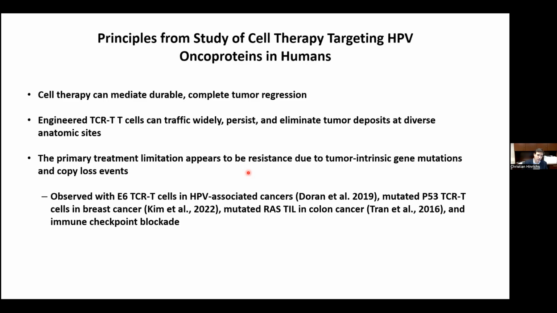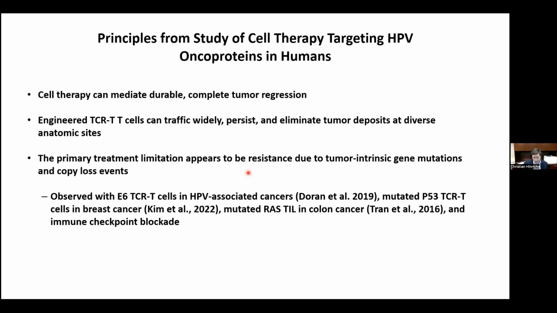This has been observed also in our prior clinical trial with the E6 TCR T cells in HPV associated cancers that we published in the Journal of Clinical Oncology. It's also been observed with mutated P53 TCR T cells in breast cancer, mutated RAS TIL in colon cancer, and of course, widely reported with standard immune checkpoint blockade therapies.